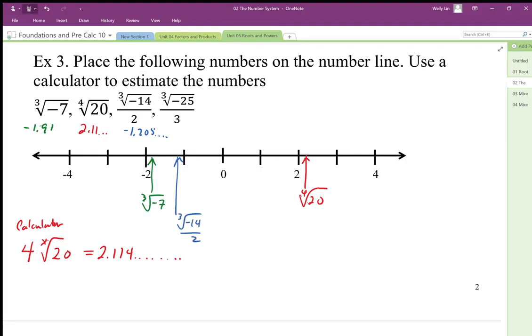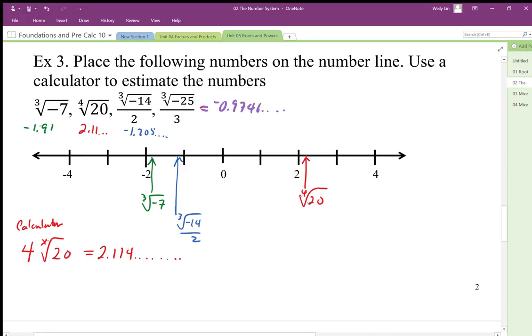And lastly, I'll do this one in orange, negative cube root of 25 divided by 3. We end up with negative 0.9. Oh, this looks like it's the same color. I'm going to use purple. It's going to be approximately equal to negative 0.9746.